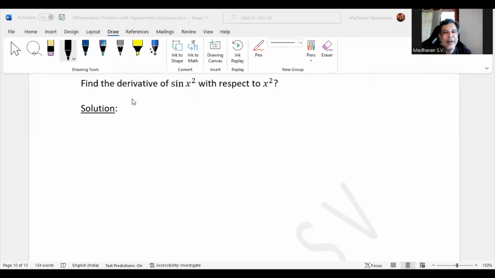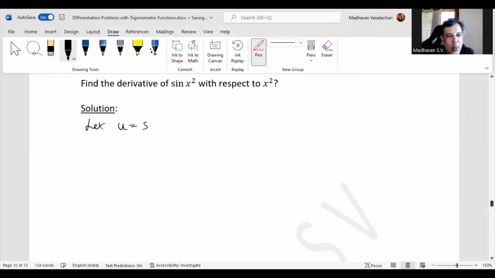Find the derivative of sine x square with respect to x square. So first of all, let us assume u equal to sine of x square, which means our du by dx is cos of x square times, again I need to differentiate x square, we get 2x.